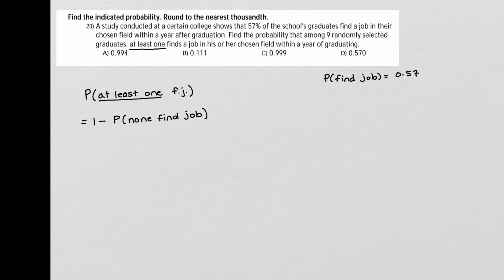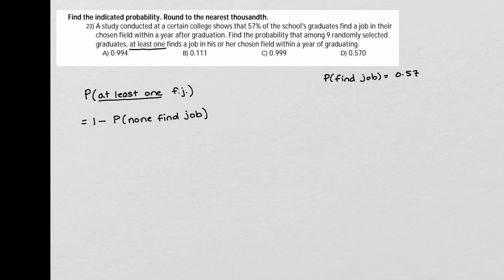We're not told how many there are, so we don't know the size of the group that we're sampling from. We just know that 57% find a job. So we are assuming that the group is so large that we can assume that this is with replacement, so that these trials are independent.